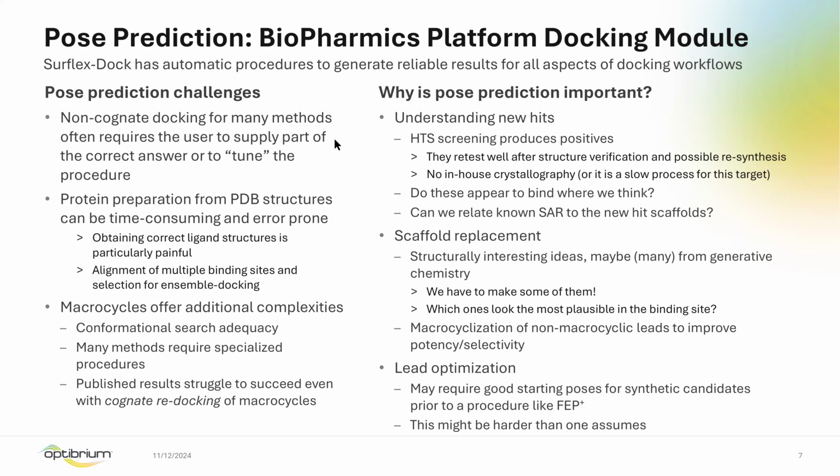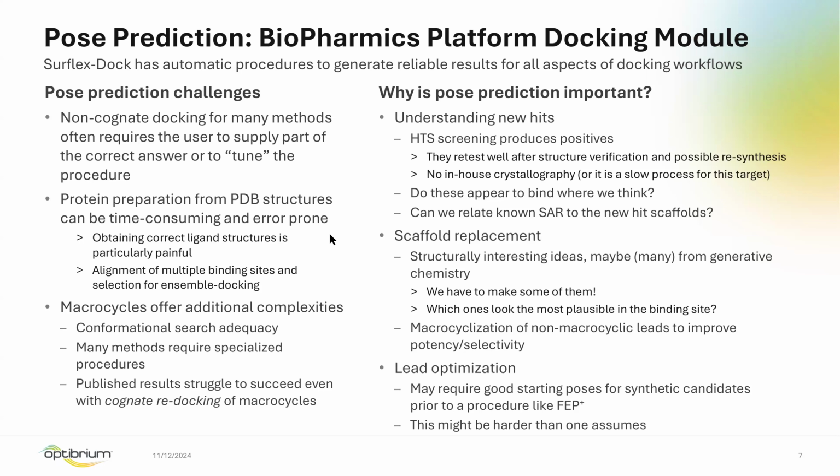We see this as probably the wrong approach. And it turns docking into an exercise in confirmation bias. So you can do it when you have very near analogs that you're docking, but if you have something that's genuinely different, it might not work at all. And you need to understand how frequently you can believe a real prediction, an actual calculation that didn't require a lot of knob tuning.